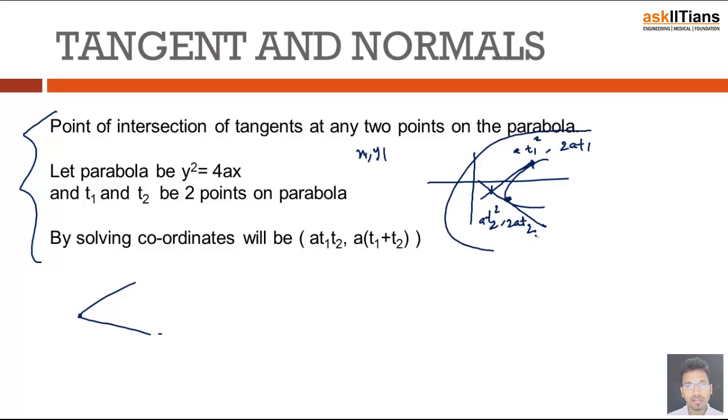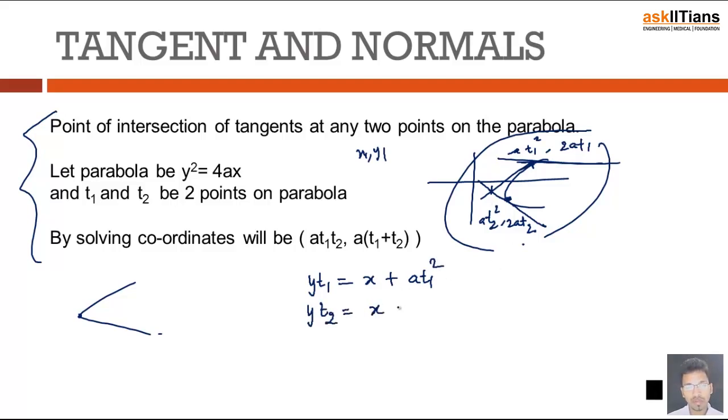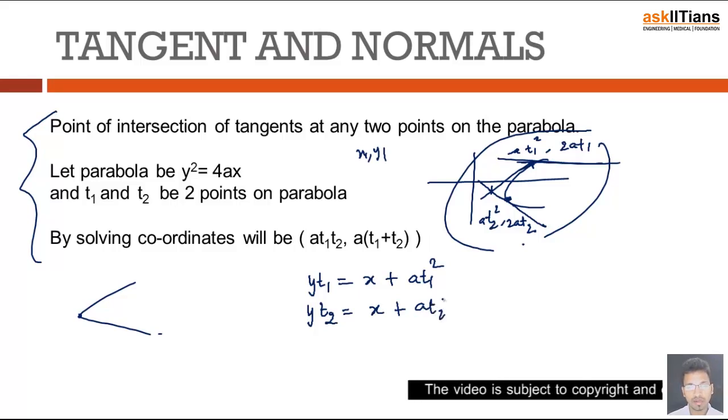Now from both these we know the equations of tangent. If you remember, this was y t1 equal to x plus at1 square, and from here y t2 equal to x plus at2 square.